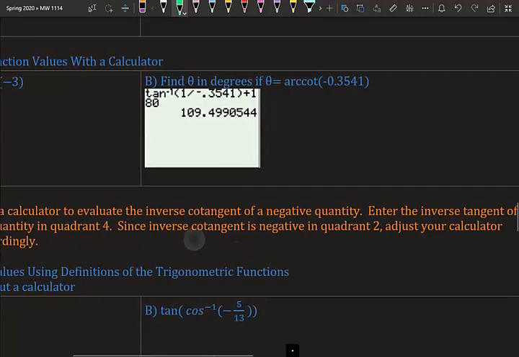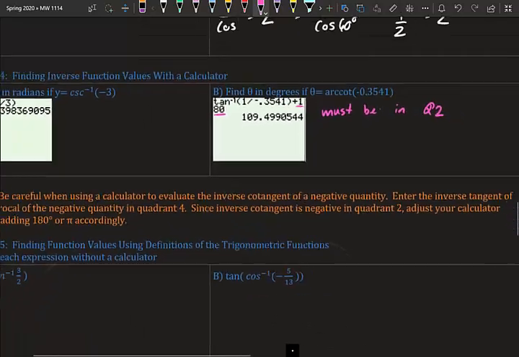And then for degrees, in degree mode, if we want to find arc cotangent, remember the reciprocal of cotangent is tangent, so we have to use the inverse of tangent. And the reason why we add the 180 is because cotangent must be in quadrant 2. So to get it into quadrant 2, we add 180. You're going to usually do that to your tangent and cotangents.